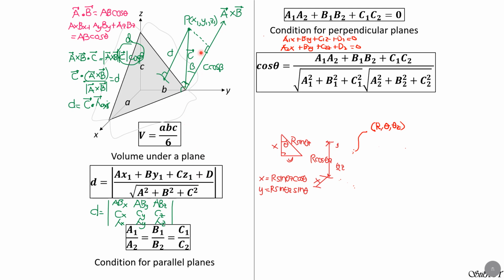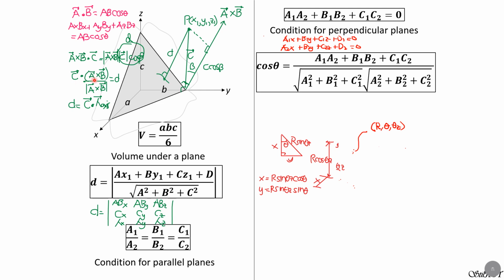Now, what is this in general? Because this is A cross B, and the component of this vector in that direction, we obtain the dot product of C with the unit vector of that axis.